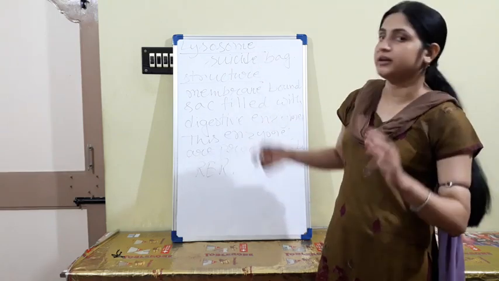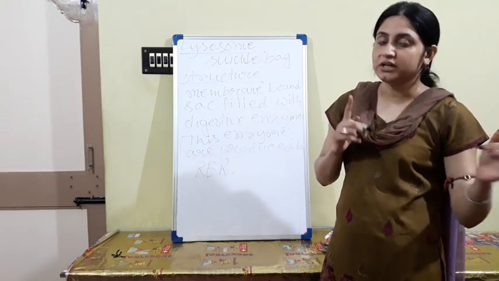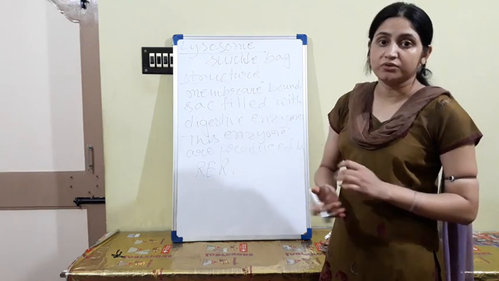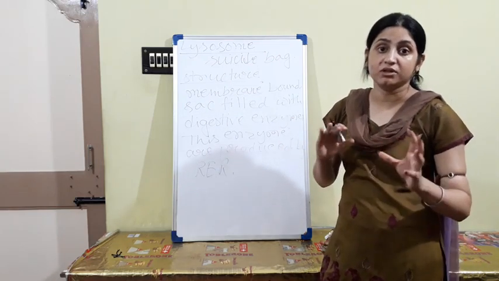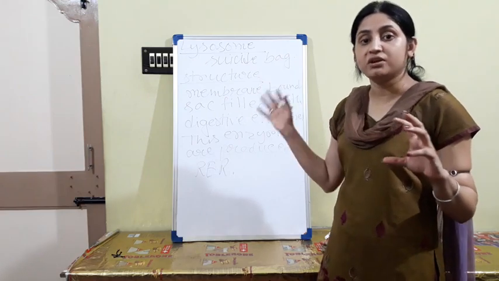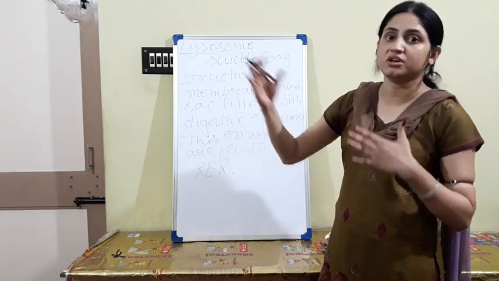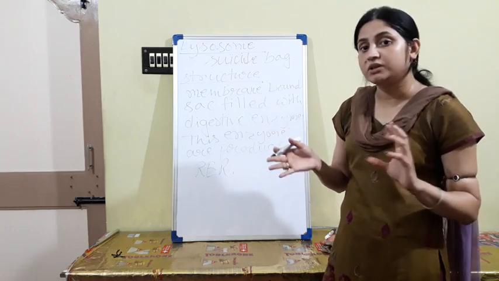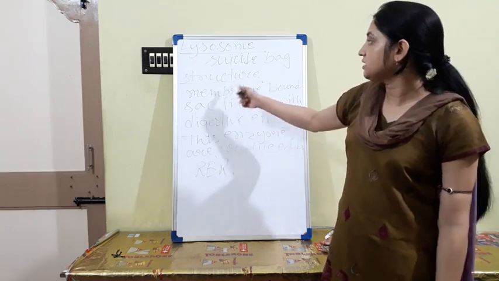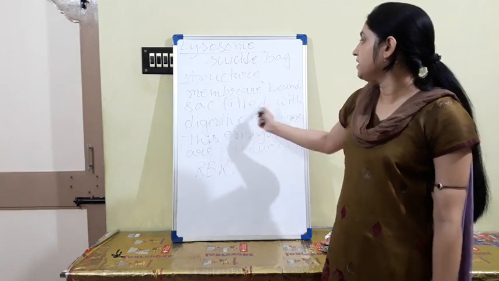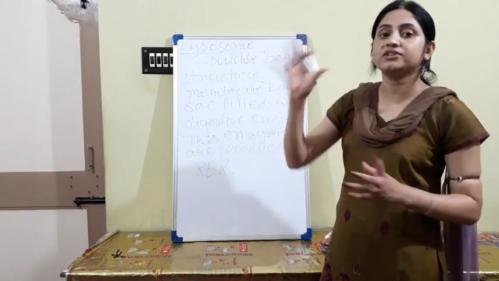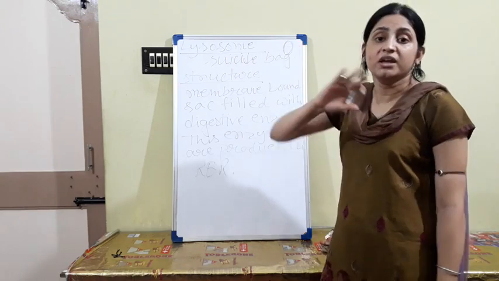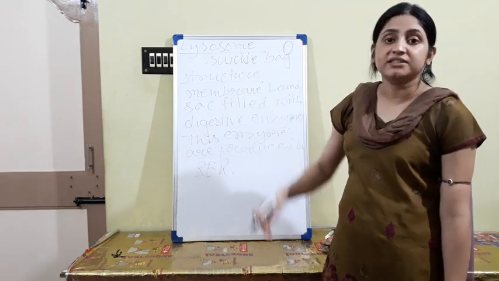They are related. Golgi bodies, RER and lysosome are also related, so they cannot live without each other. They also help in the formation and transformation of materials, and any work they do, they do with the help of each other. So the structure of lysosome: membrane bound, sac-like structure, looking like a round structure. It is filled with digestive enzymes.